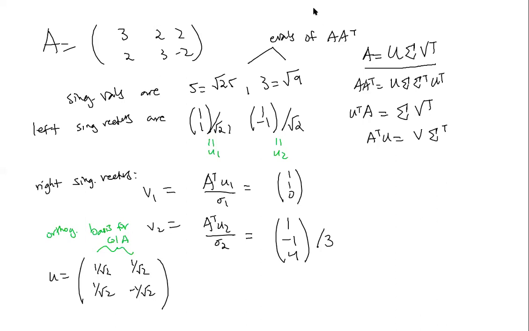And sigma equals 5, 3, and V is 1, 1, 0 and 1, minus 1, 4.